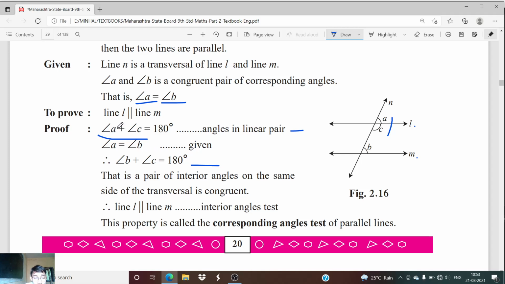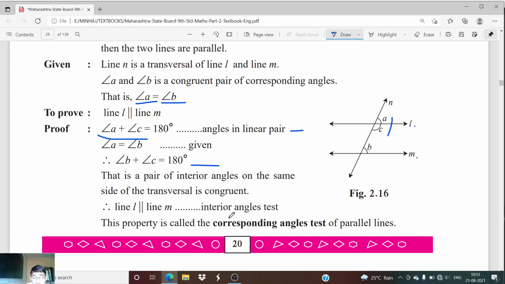In place of angle A I have taken down angle B. Again, you can see that angle B and angle C are interior angles on the same side of the transversal, and both have the sum 180 degrees. That means the interior angles are supplementary.